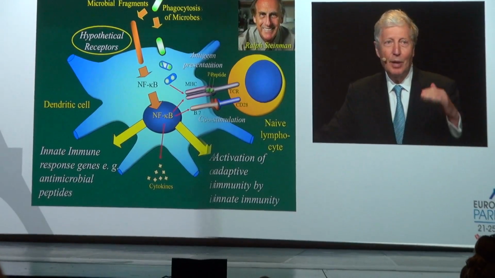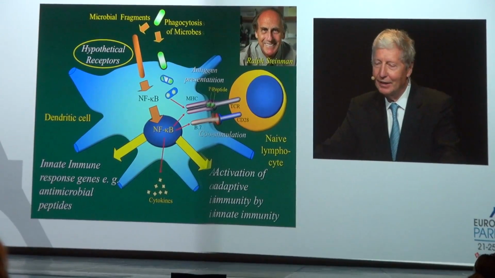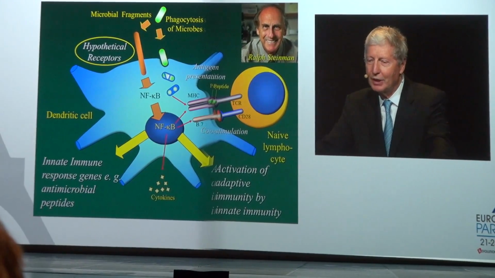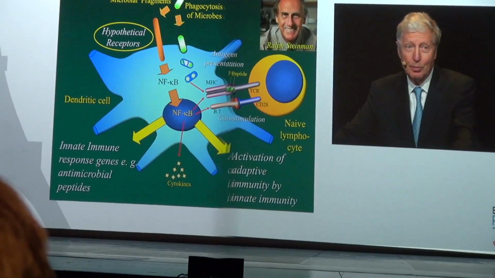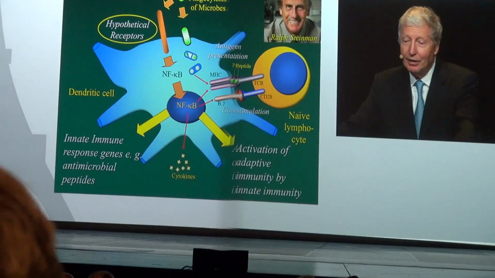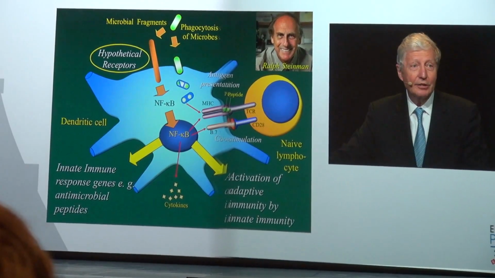So someone had to tell, that was the way Charlie Janeway in the discussions would express himself, someone had to tell the adaptive immunity that the peptide which is appearing now in the dendritic cell via this hypothetical receptor signals an aggression.